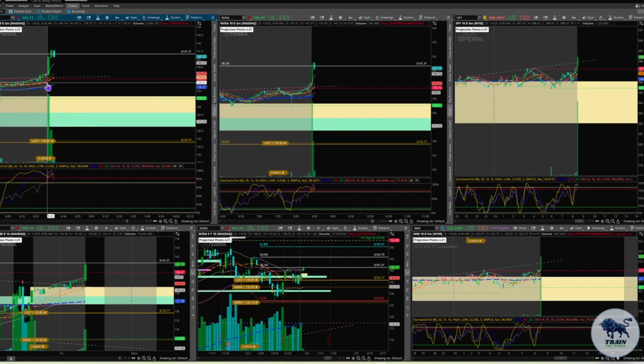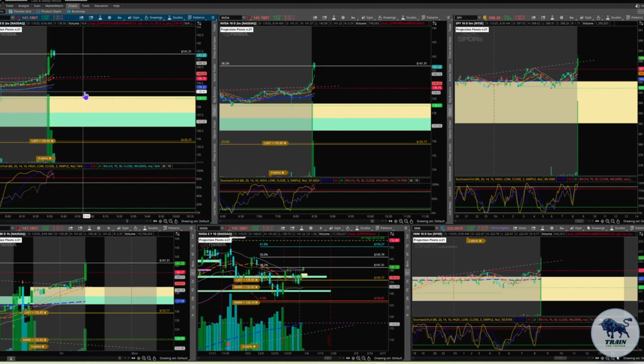But these two working together is basically my system. That's how I know if a stock is bullish or bearish on the day, just by looking at those two lines and where the price is. It gives me a better idea of what side of the market I should be on.